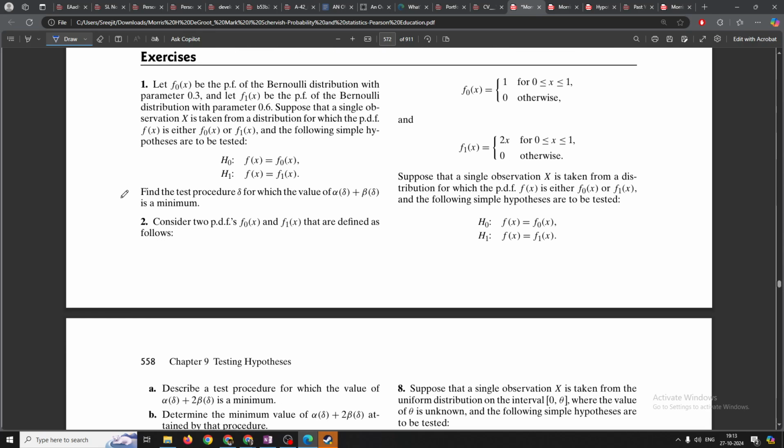So take a look at this question. This question says that f naught of x is a Bernoulli distribution with parameter 0.3. f1 is a Bernoulli distribution with parameter 0.6.